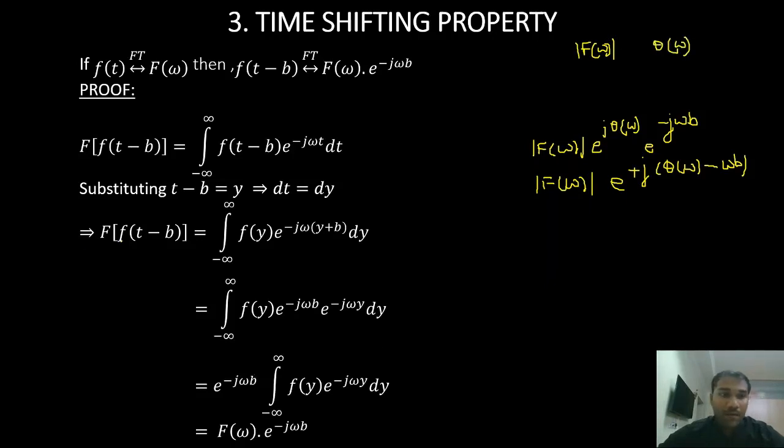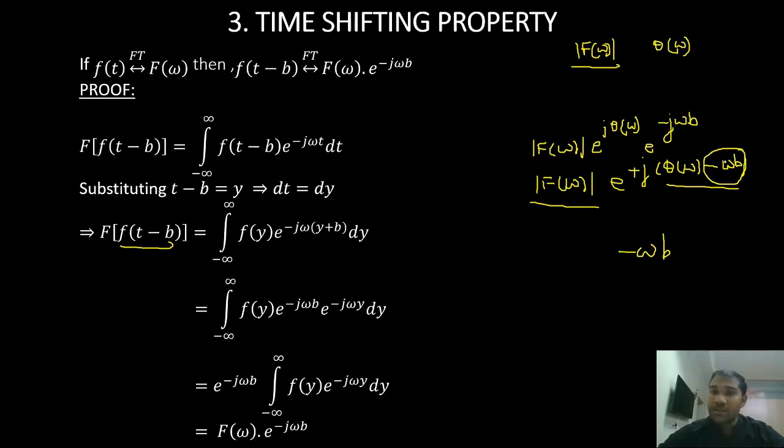Now, if I shift my time signal by b seconds, what happened? My amplitude is still the same. My phase has now changed from theta of omega to theta of omega minus omega b. So this much is the phase shift.